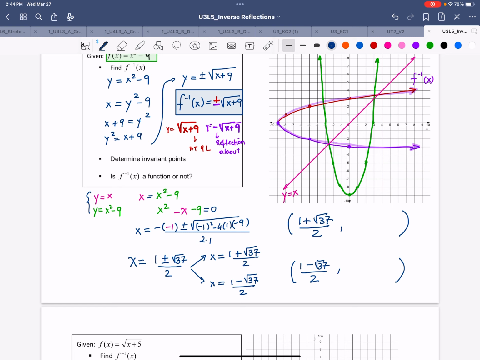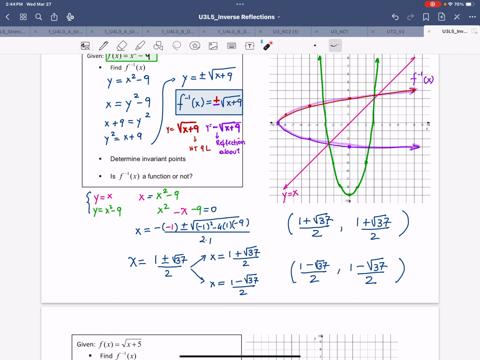So if you were to determine the y coordinate, considering that invariant points are on the line when y and x have the exact same value, then we're going to say that the y value is also 1 plus root 37 over 2, and for the other point, 1 minus root of 37 over 2.